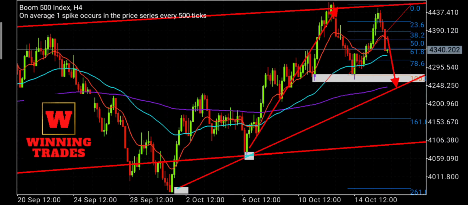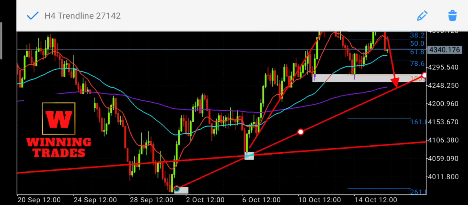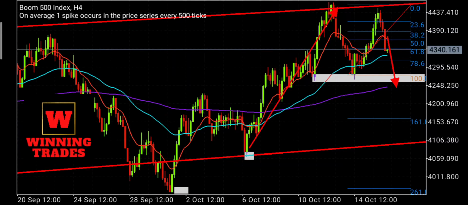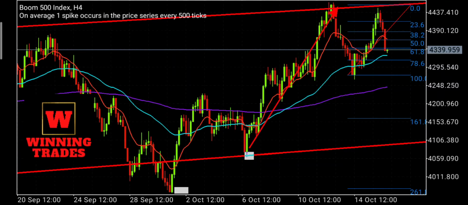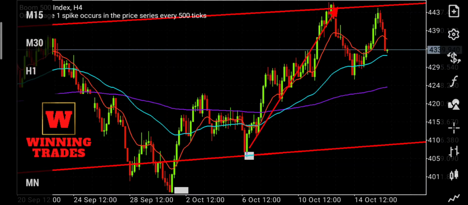So that's it for Boom 500, guys. This week we're looking at sell positions, and we might also look for confirmations for a sell. You just have to understand what's going on in the market.